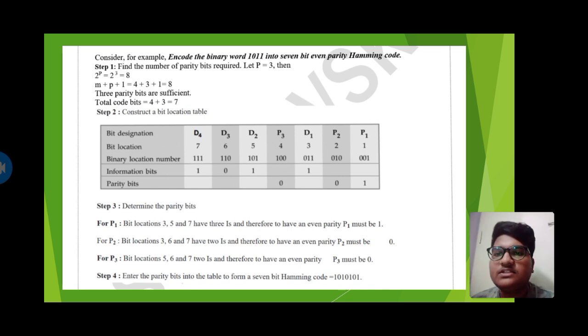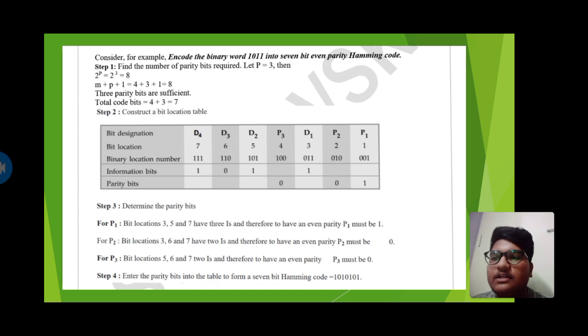At the positions 3, 5 and 7 we have 1, 1 and 1. So it has 3 ones, and since we are asked for even parity, there is an odd number of ones, so parity P1 must be 1 to become even parity.